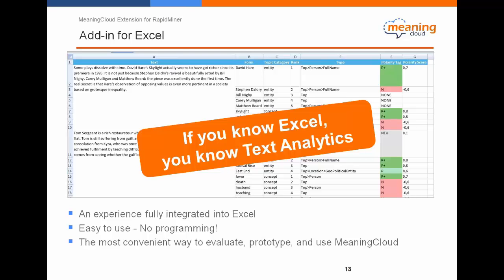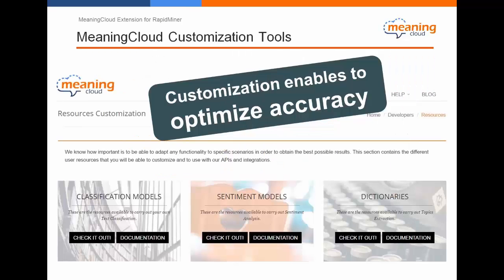Another very interesting feature of our product is the capability to customize it. It is very important. We'll see that more in depth later during the session, but it's very important to adapt the working of the APIs to your domain, to your specific application, meaning you need to extend your ontology or create your personal classification models, or even create your own sentiment dictionaries.